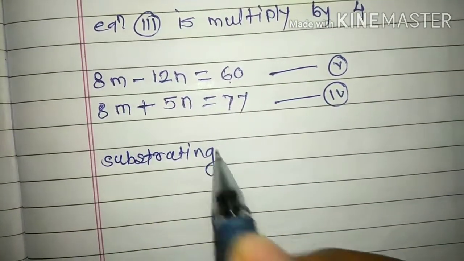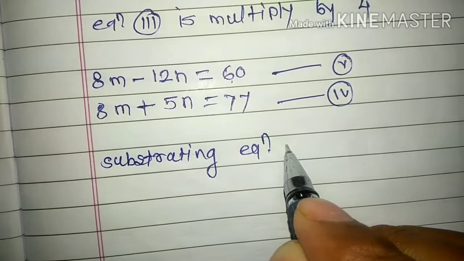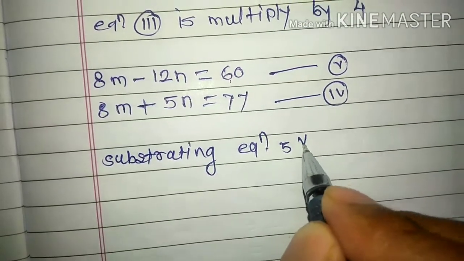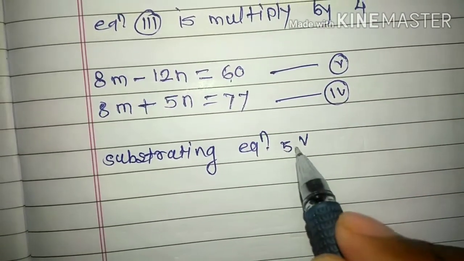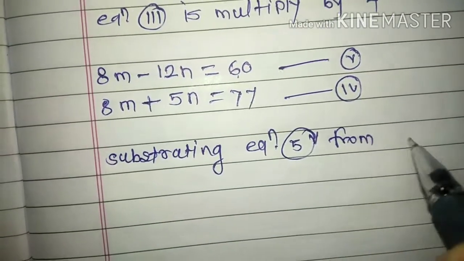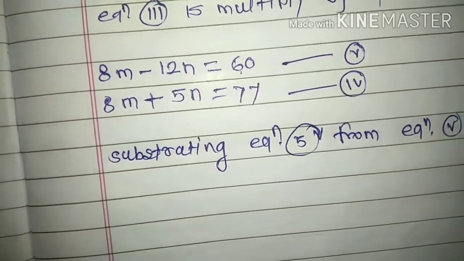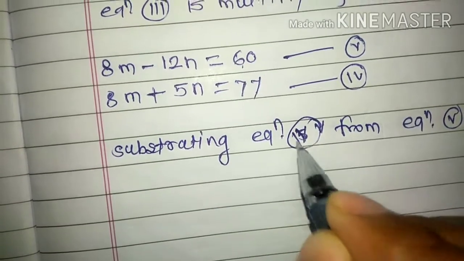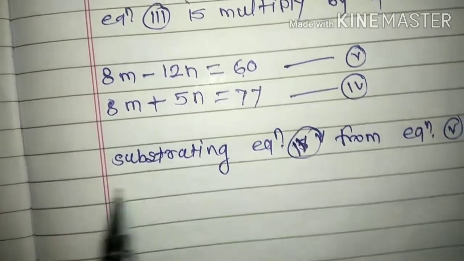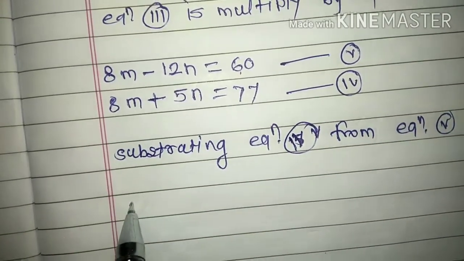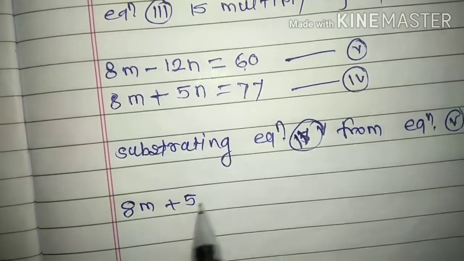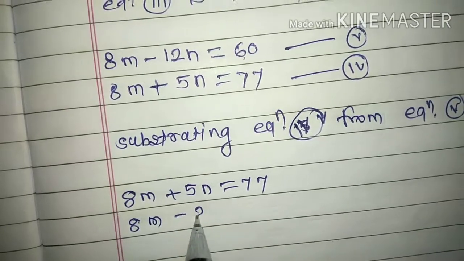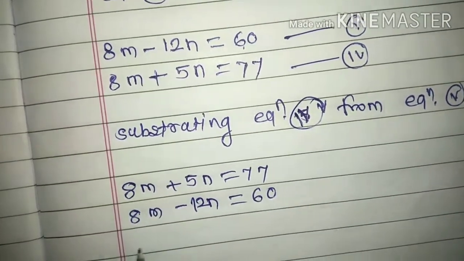Subtracting equation 5 from equation 4. Then equation 4 is 8m plus 5n is equal to 77, and equation 5 is 8m minus 12n is equal to 60.